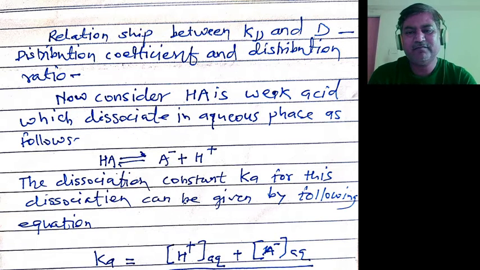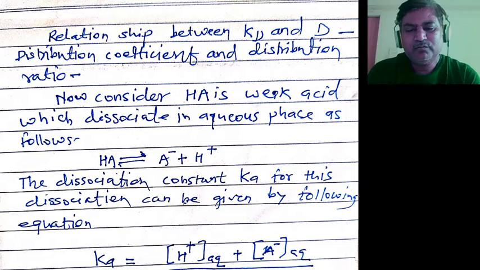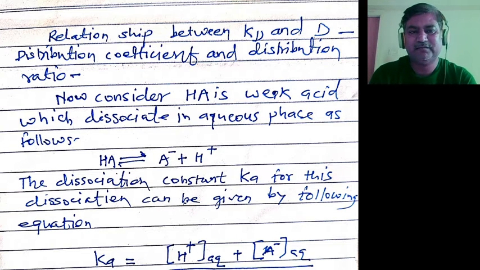So to derive the relationship between KD and D, we are going to consider a simple dissociation of weak acid HA in aqueous phase. So it gets distributed or dissociated as A minus and H plus.